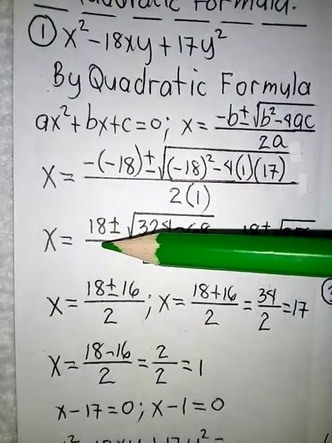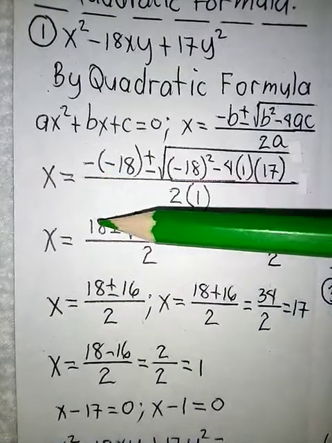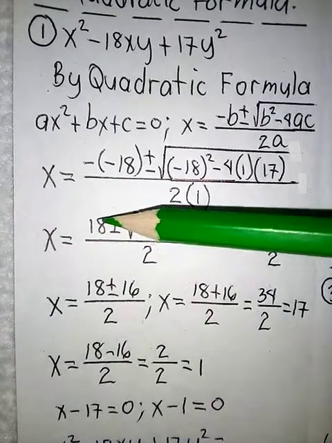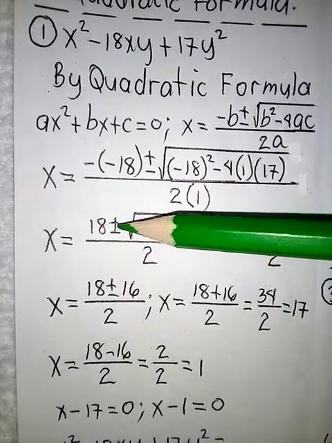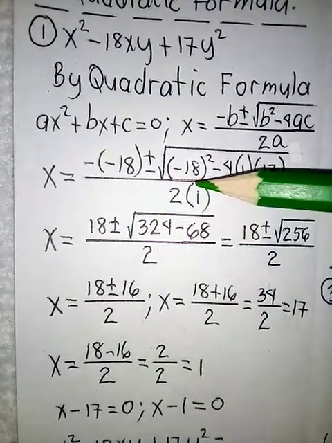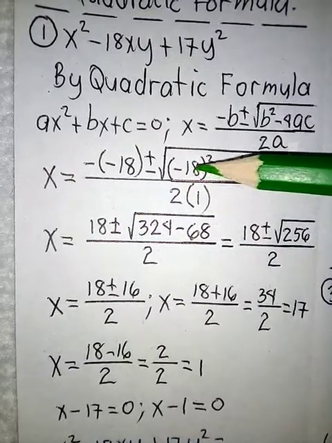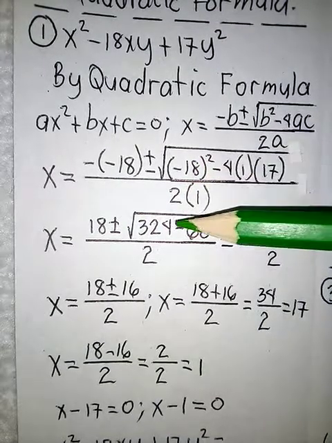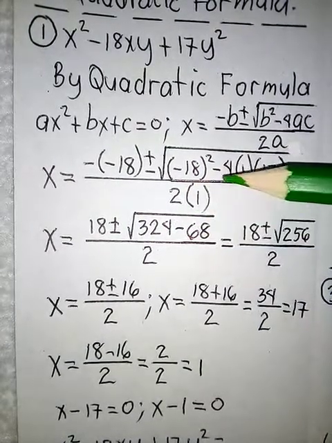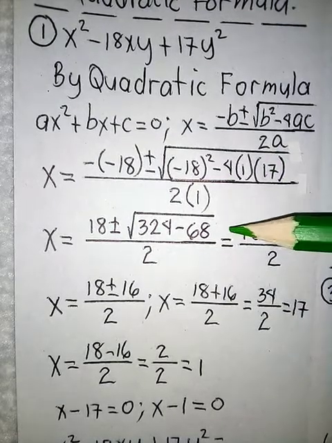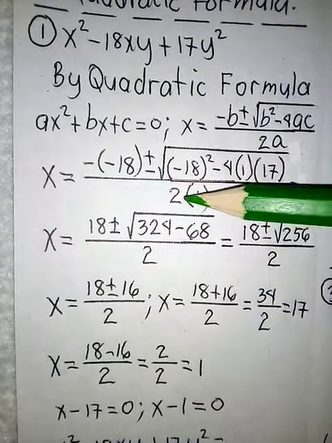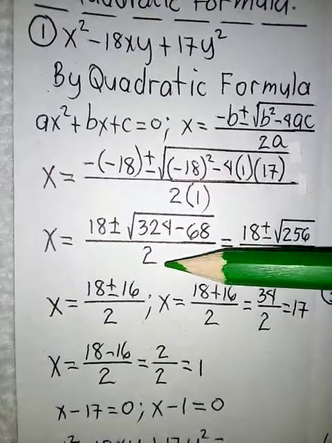So x is equal to negative times negative is positive, so positive 18, plus or minus the square root of negative 18 squared, which is equal to 324, and then 4 times 1 times 17 is equal to 68, all over 2 times 1 is equal to 2.